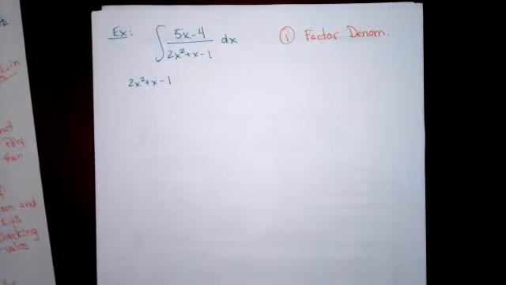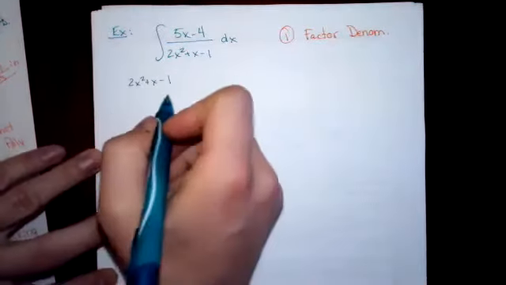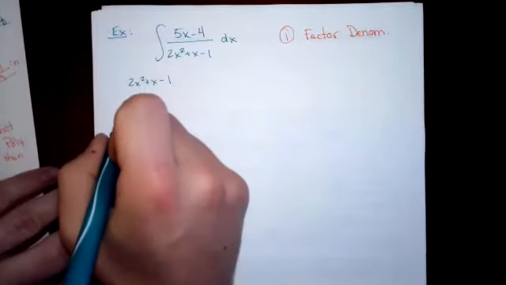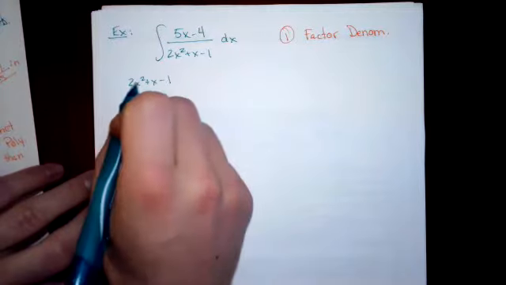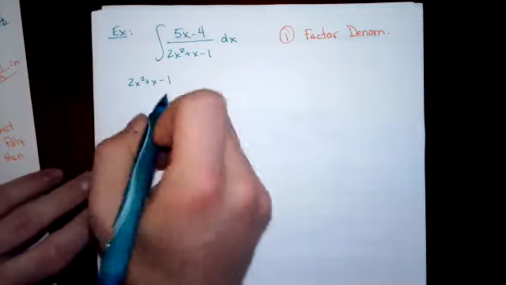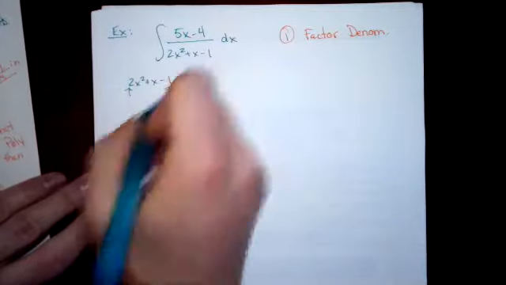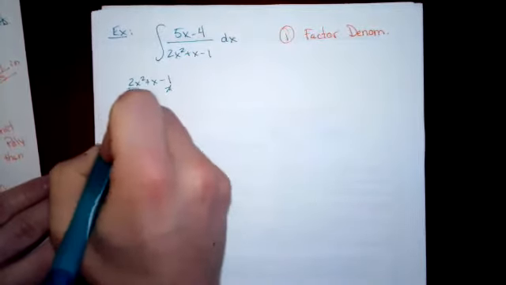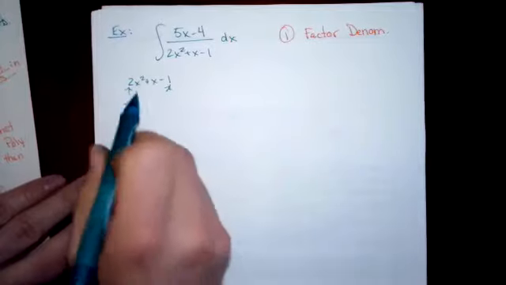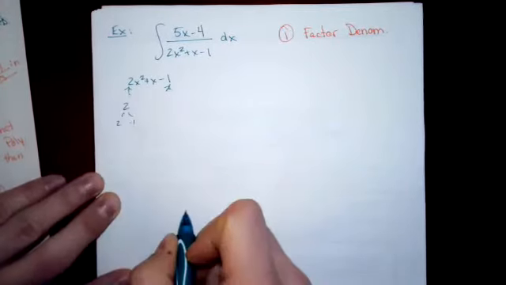Hopefully you guys remember how to factor these. You guys are Calc 2 students, so you guys are pretty good with all this kind of stuff. If you remember, my pre-calc students like to do this factoring by grouping. So of course you take this coefficient, and multiply them, and we just get 2. And then we're looking for factors of 2 that will add or subtract to get the 1. So of course it's going to be 2 and negative 1.